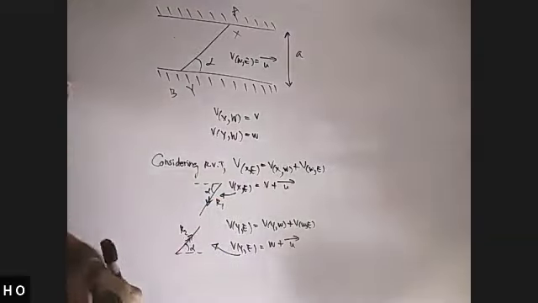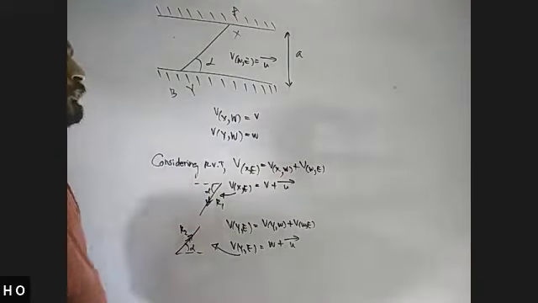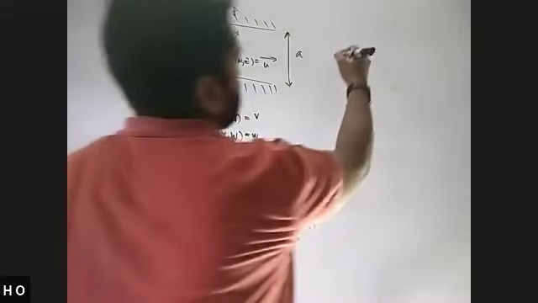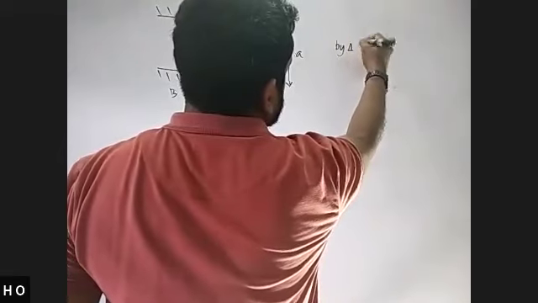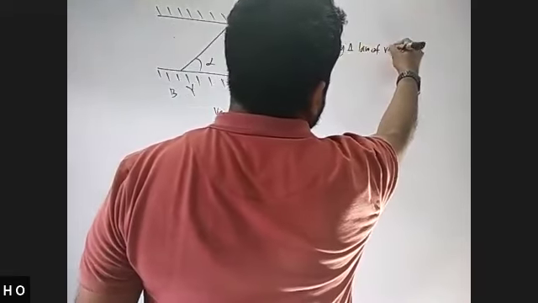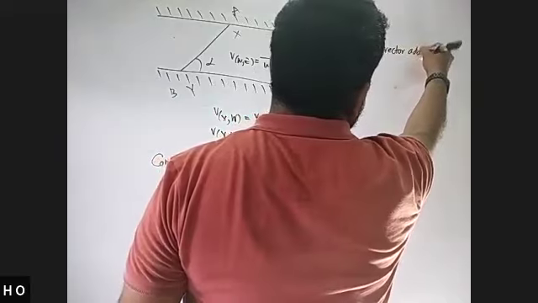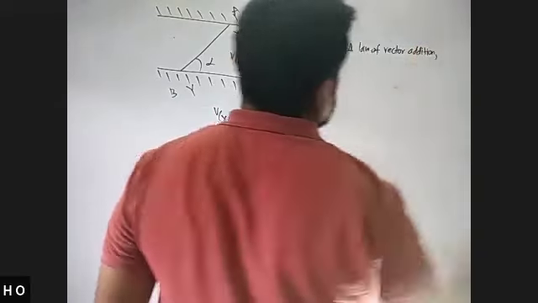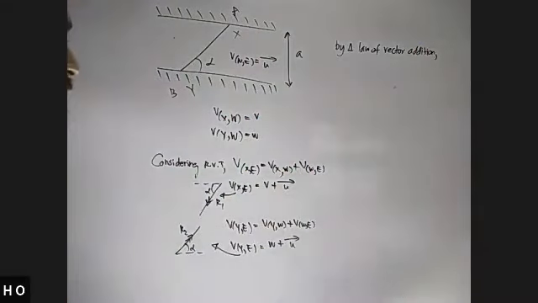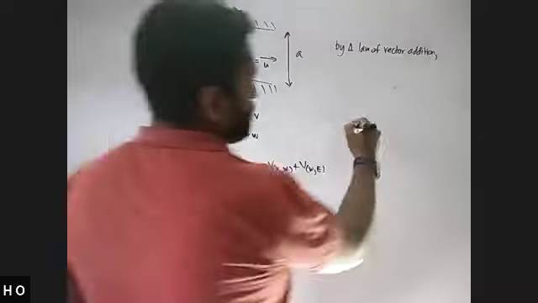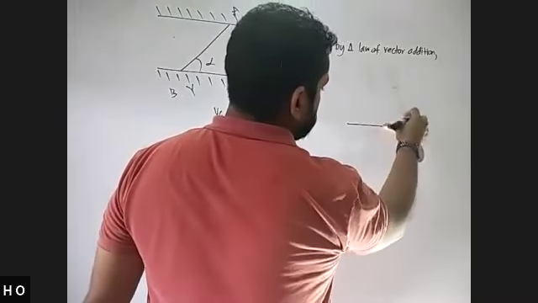Alright. So you have to find R1 and R2 by the triangle law of vector addition. It is going to be U first.